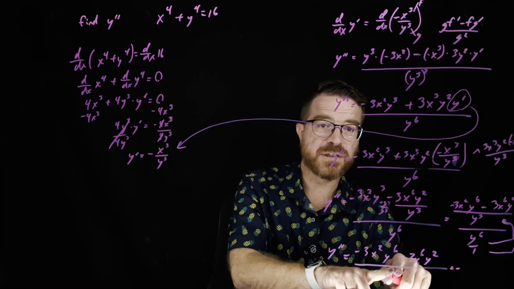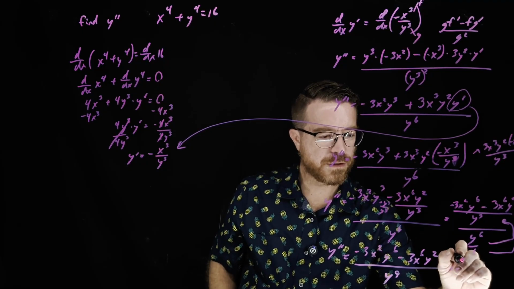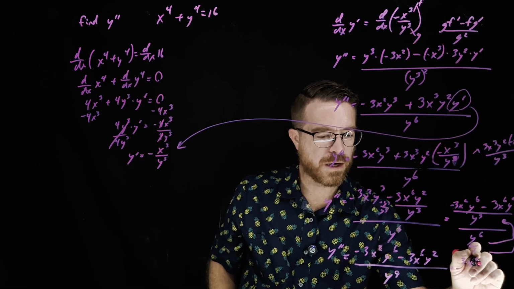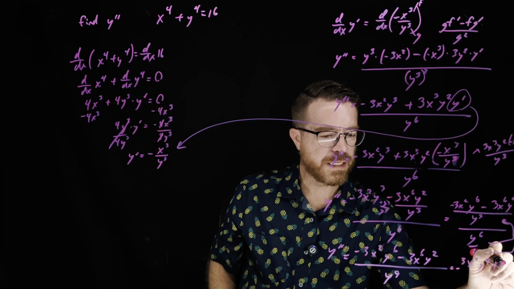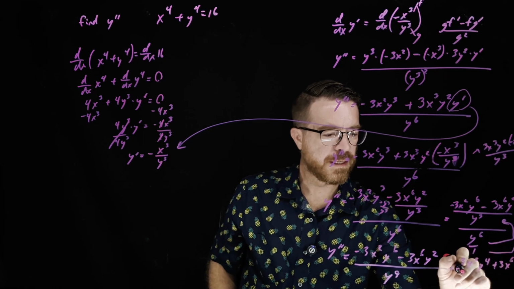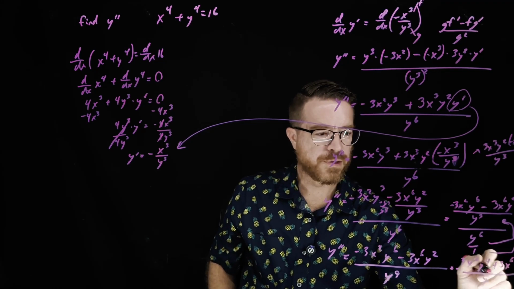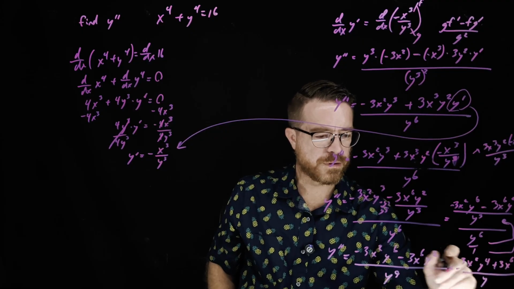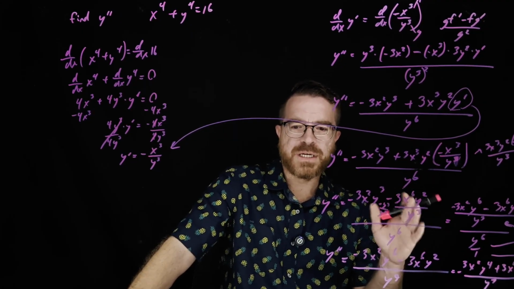So I can actually divide two of these y's. So this is going to leave me with minus 3x squared y to the 4th plus 3x to the 6th divided by y to the 7th power. And I'm pretty sure that's about as simple as we can make this.